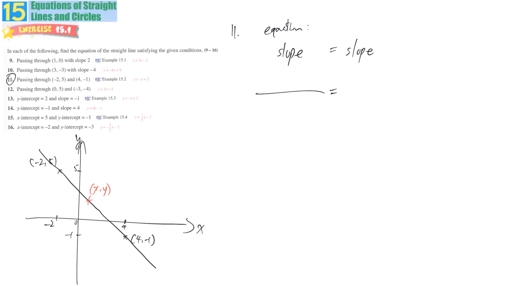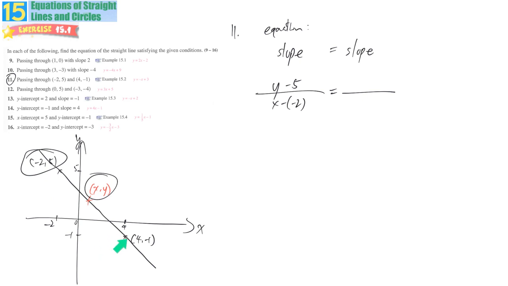In terms of y, we choose this point and this point: y minus 5 over x minus negative 2, or you may write plus 2 directly. The slope is not given. However, they give us 2 points, which is enough to find the value of the slope, and you predict a negative outcome because it's obviously going down.